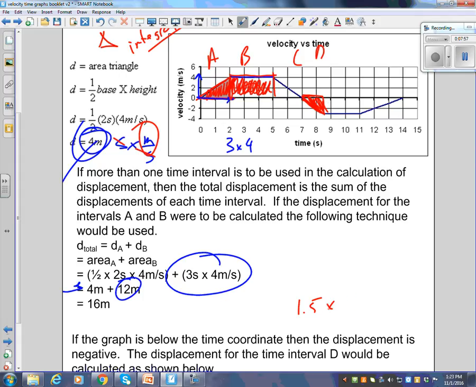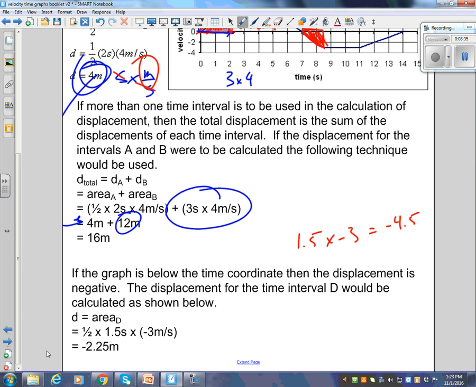So 1.5 times -3, which is minus 4.5, right? 1.5 is my base, from 7 to 8.5. We didn't add them, I multiplied. Well, I guess I did add them, but that's just coincidence. Right, multiply, 1.5 is the base, the height is -3. 1.5 times 3 is minus 4.5.